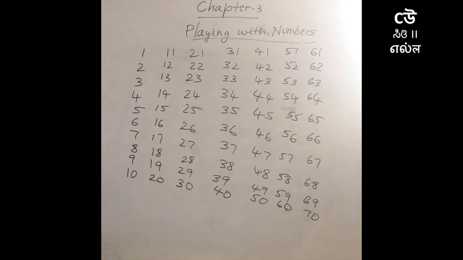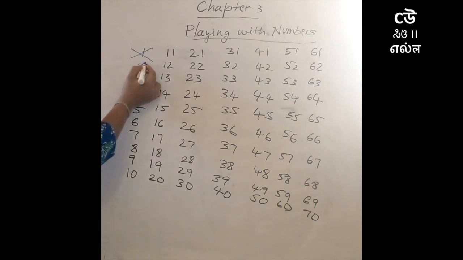So 1 is neither a prime number nor a composite number. So we'll neglect 1. Now let's mark all multiples of 2 except 2.